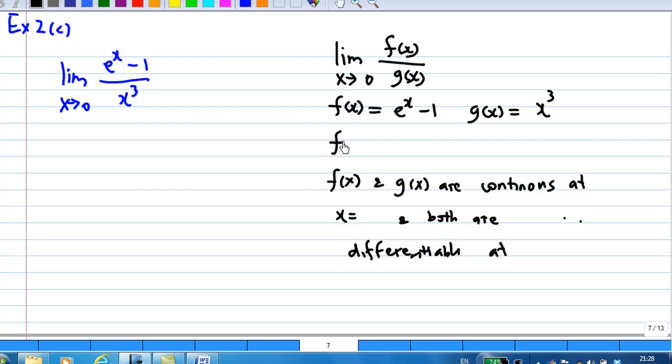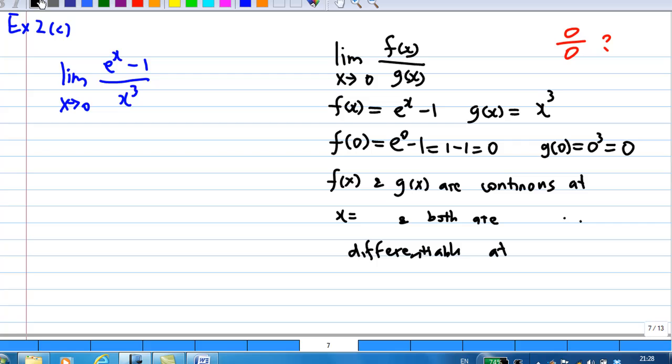Now evaluate the function at the point 0. I get f(0) equal to e to the power 0 minus 1, which is 1 minus 1 and equal to 0. And g(0) is 0 to the power 3, which is also 0. Therefore, you have an indeterminate form 0 over 0 case now.